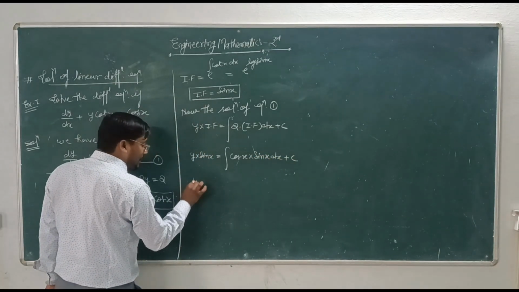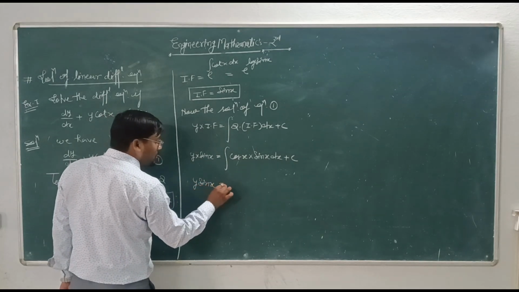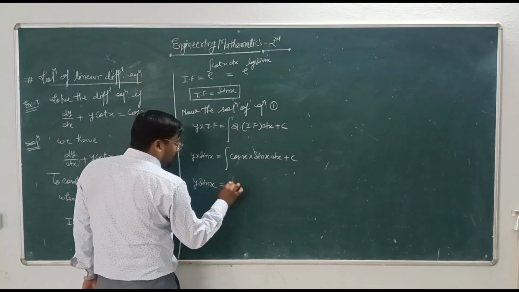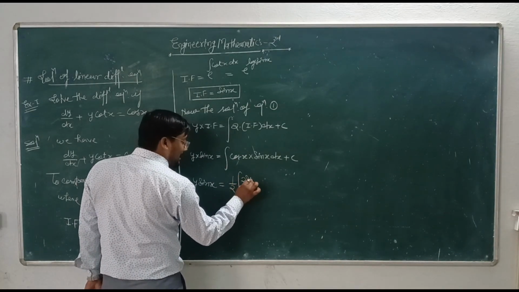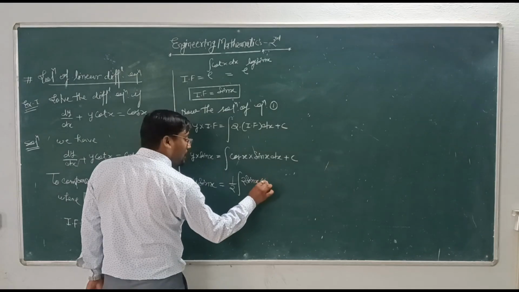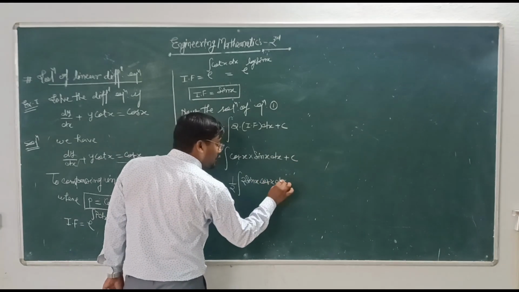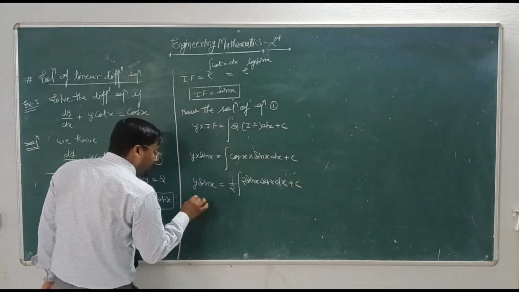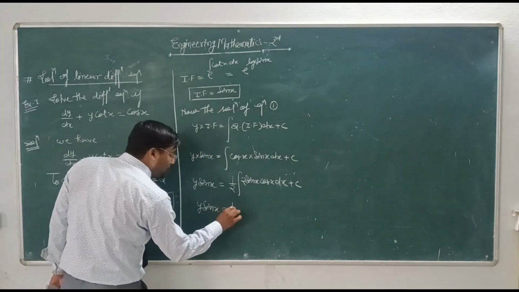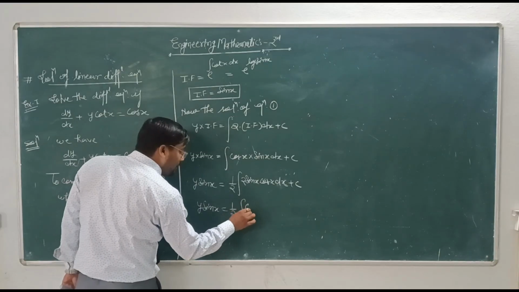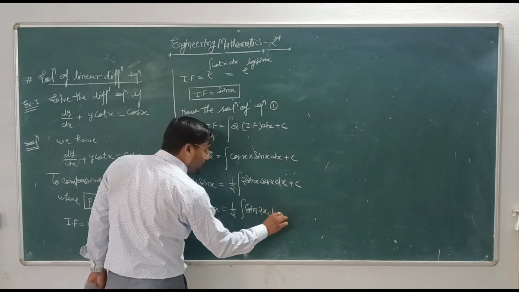Now y sin x is equal to 1 by 2 integration 2 sin x cos x dx plus c. Now y sin x is equal to 1 by 2 integration sin 2x dx plus c.